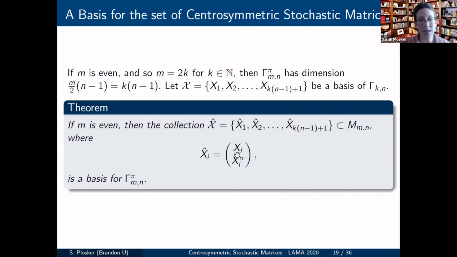So you do xi as a basis element, and xi rotated by 180 degrees, and plop that in as your second block immediately below, and then that'll automatically be centrosymmetric. And there's the correct number of them, and they're still linearly independent. So that'll be our basis for the M by N centrosymmetric stochastic matrices.